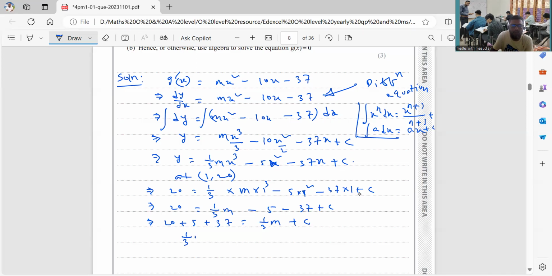So we can write 1 by 3m plus c equals, in the calculator, 20 plus 5 plus 37. So it will be 137.